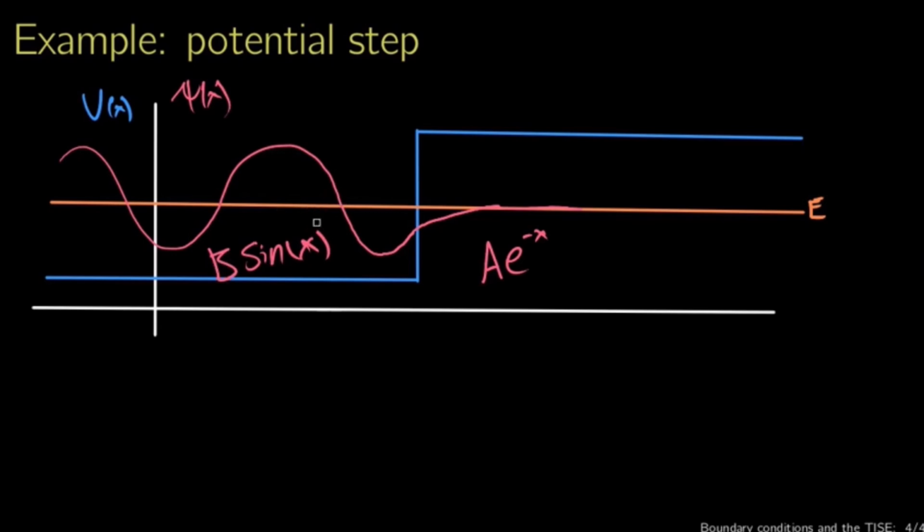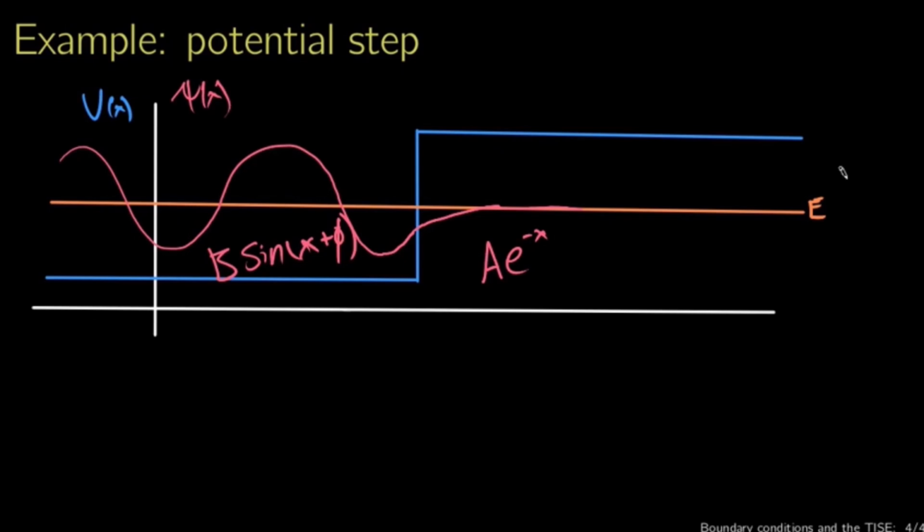We're going to have to actually consider also adding a phase to this sine function. So we have 2 degrees of freedom here, our normalization and the relative position of this function on the axis, and we have our degrees of freedom in this region as well. In order to come up with something that satisfactorily solves the Schrödinger equation, we'll have to match our constants.